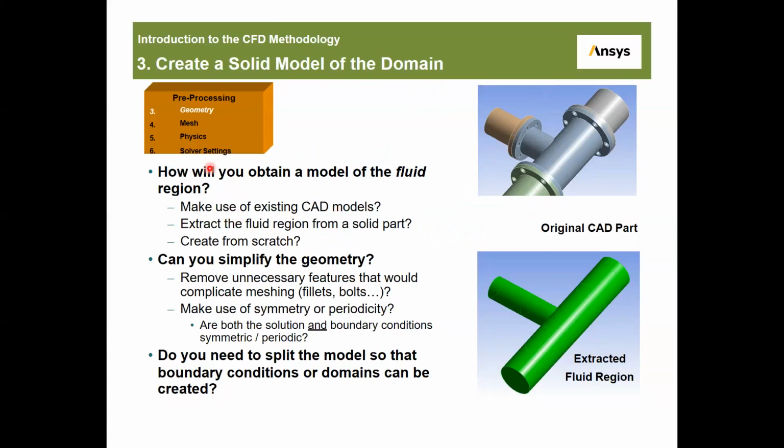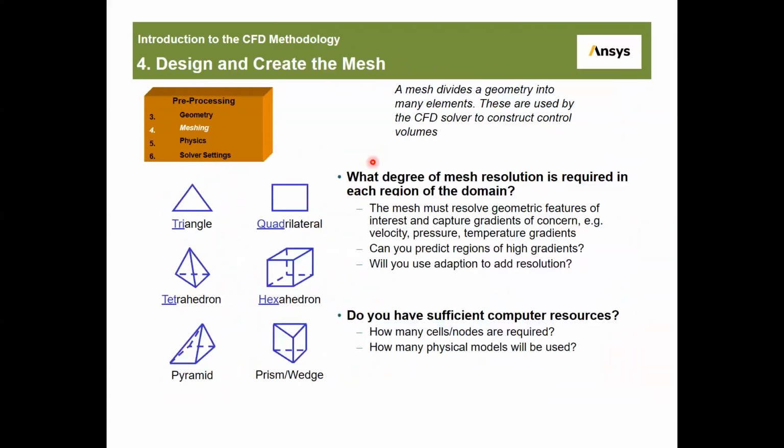So make use of it, the mesh is divided. What type of mesh do you have? We have segitiga, triangle, quadrilateral. Okay, we have tetrahedron, hexahedron, pyramids, prism, and wedge.